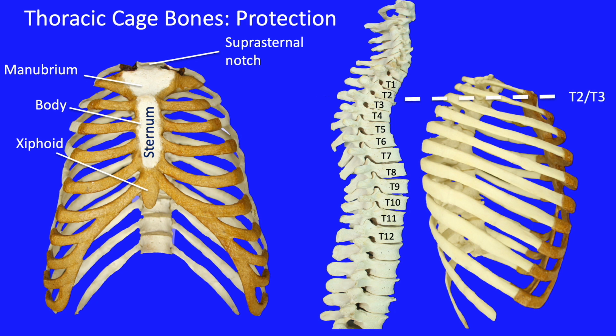Its posterior projection is at the interface between vertebral levels T2 and T3, where the inferior border of the manubrium meets the body of the sternum. An angle is formed, the sternal angle, or, as is known in the clinic, the angle of Louis. Its posterior projection is between T4 and T5.